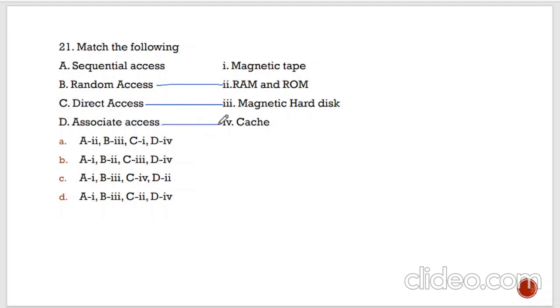Associate access is done by cache, and sequential access is done by magnetic tape, one after the other. So magnetic tape uses the sequential access method.